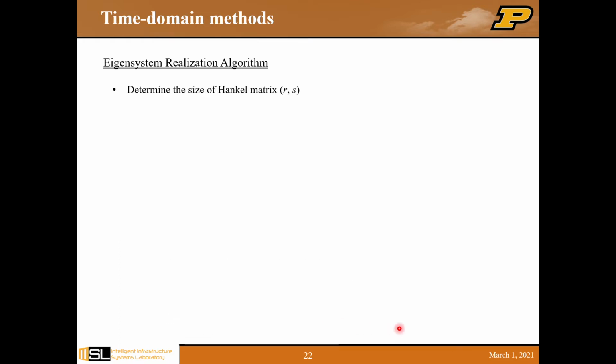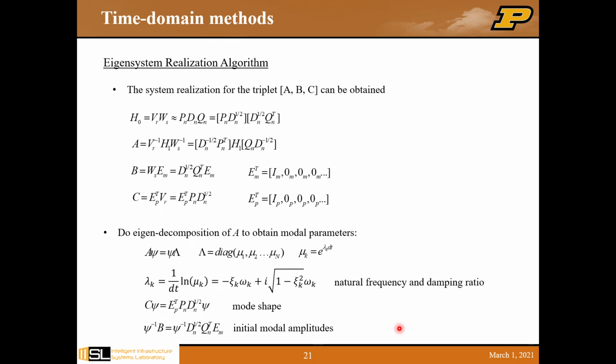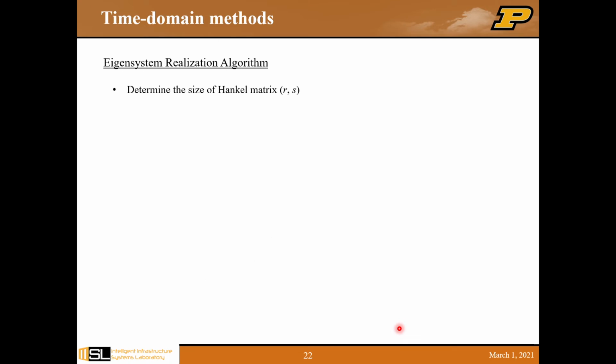All right. So now we have gone through the theoretical background of the ERA strategy. Let's discuss some questions for the implementation. The first one is, how do we determine the size of the Hankel matrix? Especially, how do we determine R and S?